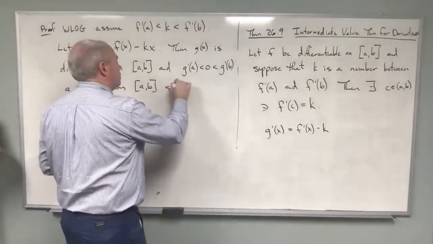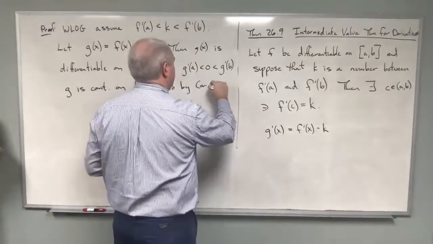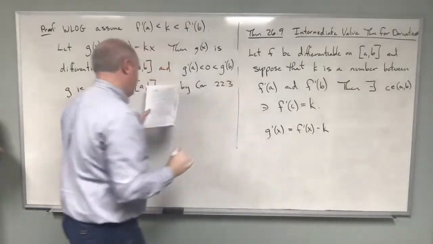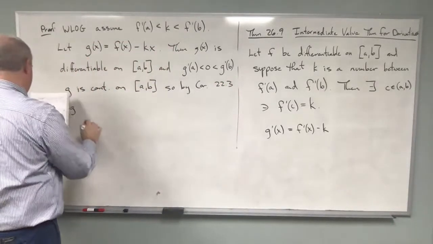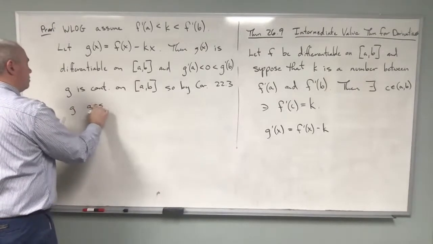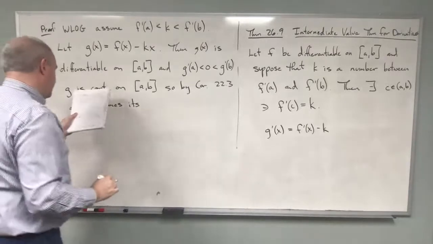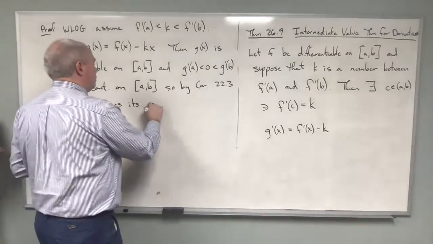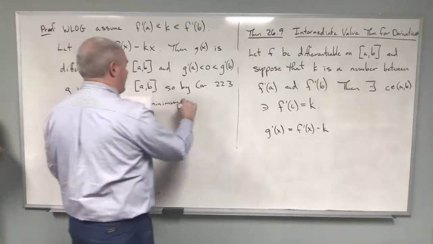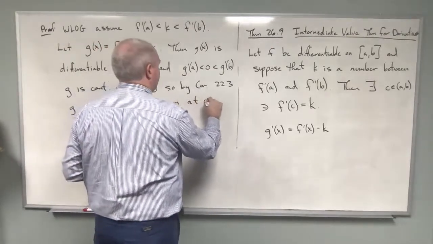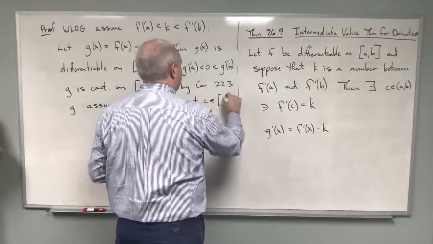So by corollary 22.3, G assumes its minimum value at some point C that's inside of [A, B].